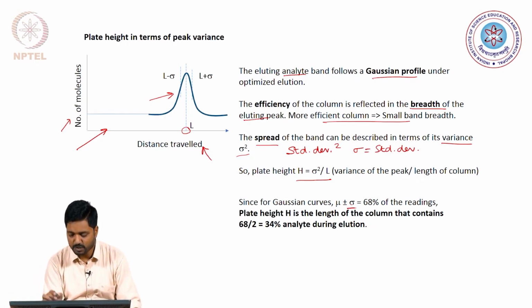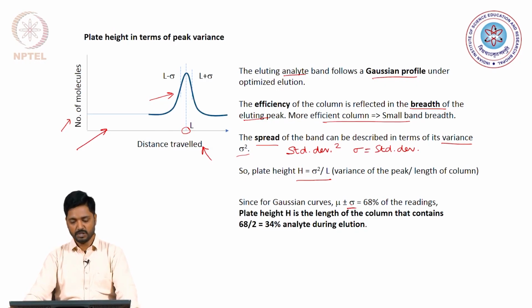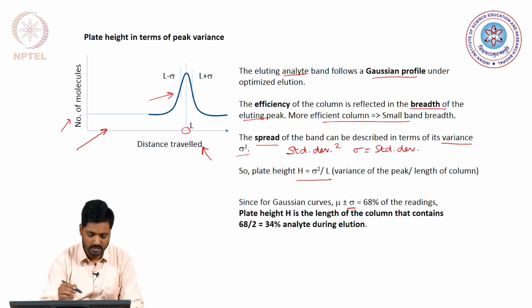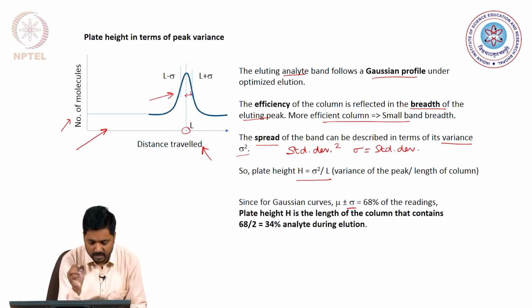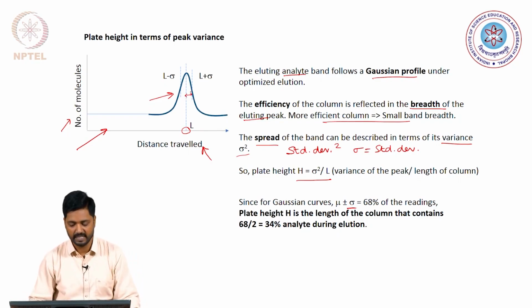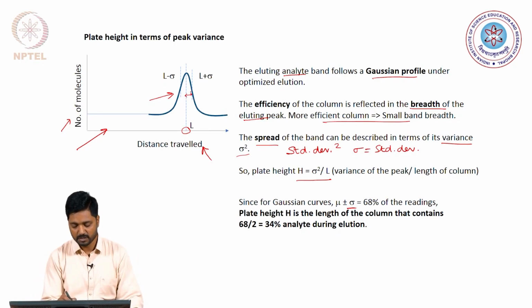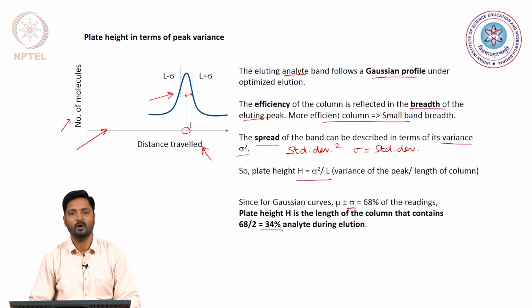Now, we also understood in our previous classes that moving plus or minus 1 standard deviation from the mean value implies that 68% of the readings are covered in the Gaussian error profile. So, the plate height now is described by this distance which has been highlighted, which covers 34% of the analyte during elution.